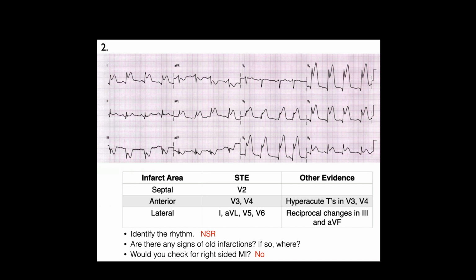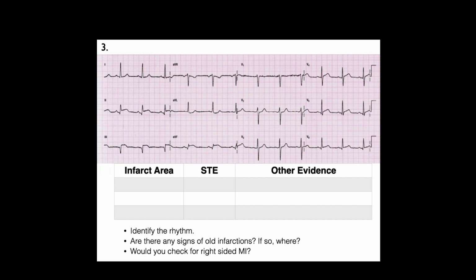Okay, anybody want to add anything, question anything, disagree with anything? Okay. So Riley, you're next, number 3. There's ST elevation in II, III, aVF, inferior, and then I had anterior would be V5, V6. Okay.